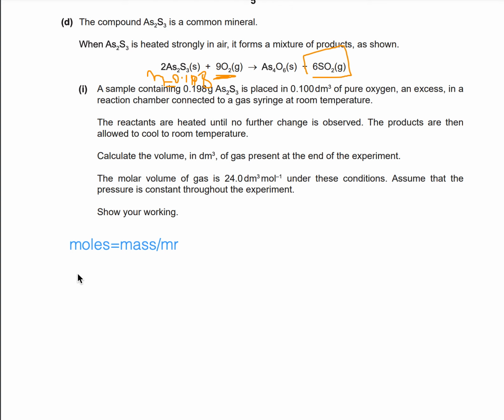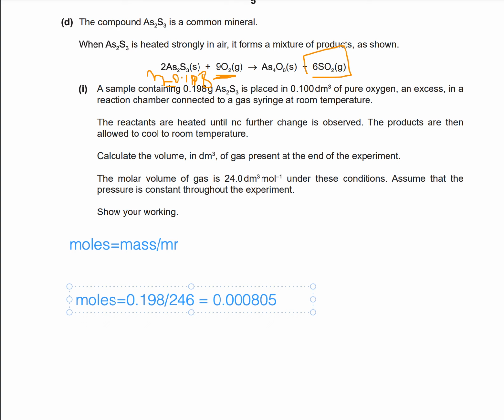So we know what the mass is, so let's write over here. Moles is equal to 0.198 divided by 246. Okay, and the answer would be, let me calculate that as well, 0.198 divided by 246. That is 0.000805.